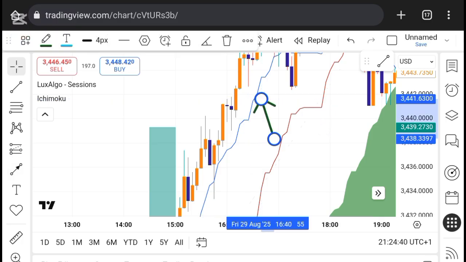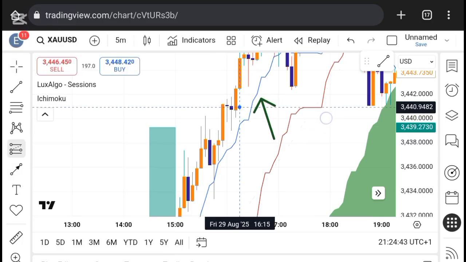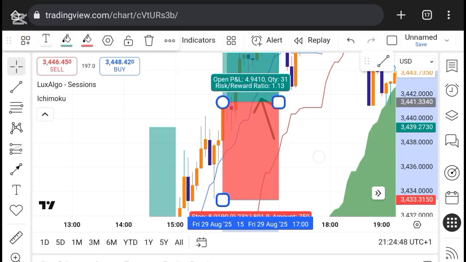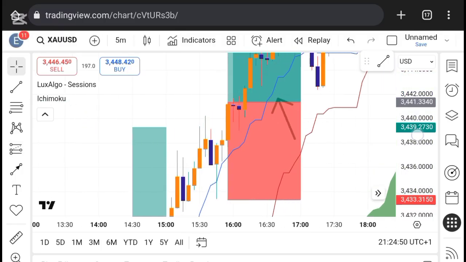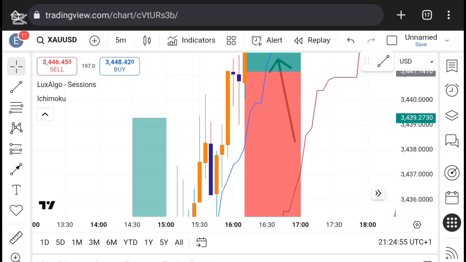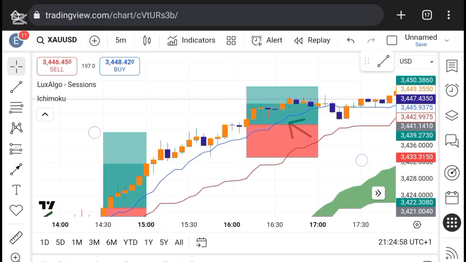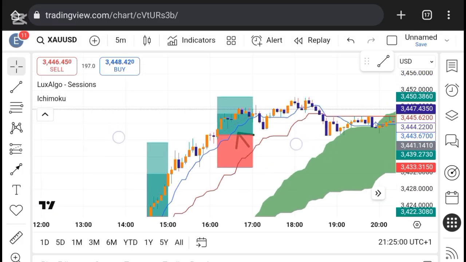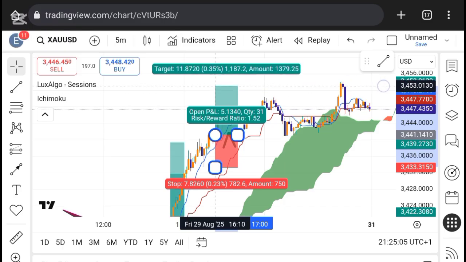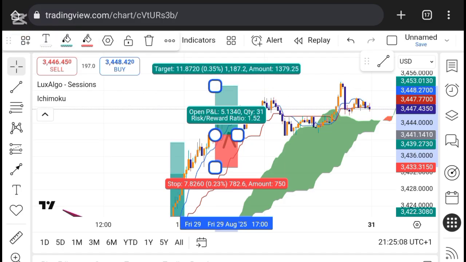So if you enter the market right here, your stop loss will come below that low, and you go for your 1:3 or 1:4. What happened is this market moved almost 1:2 RR, but then it's a loss. We cannot paint it. So this trade happens to be a loss.